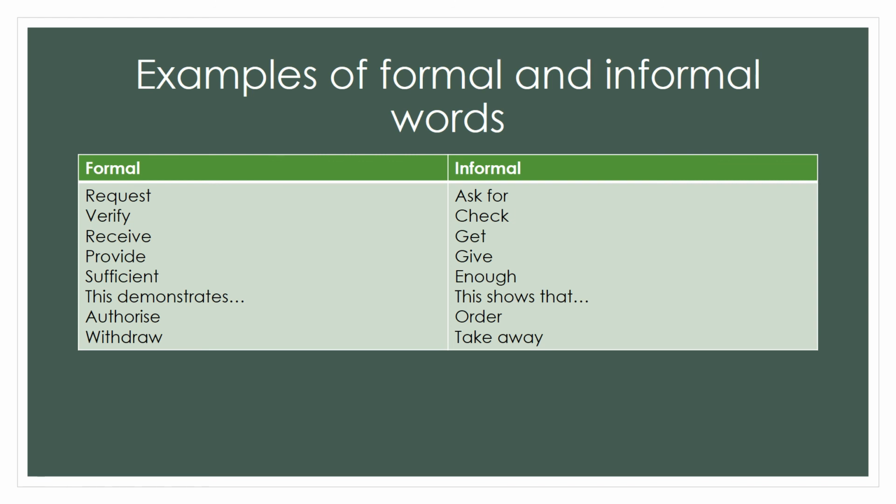Provide is the formal word for give. Sufficient is the formal word for enough. And demonstrate is the formal expression that means this shows that in informal language. Authorize is the formal word for order. And withdraw is the formal word for take away.